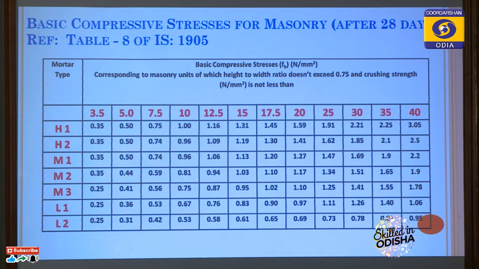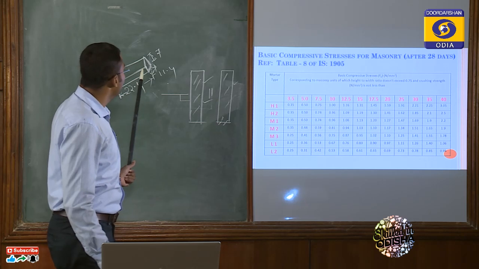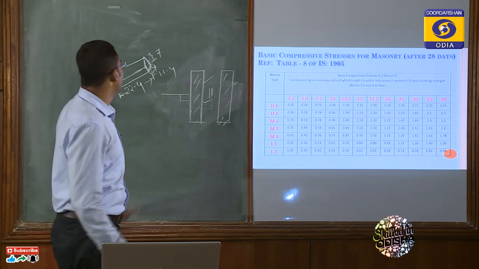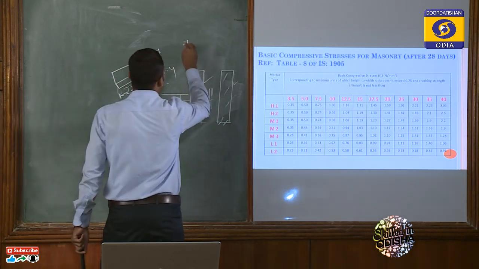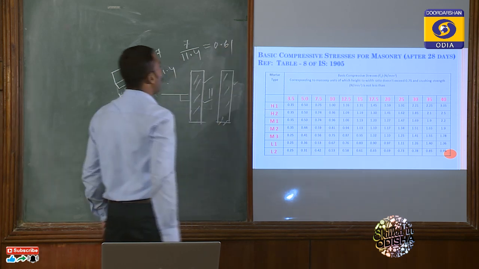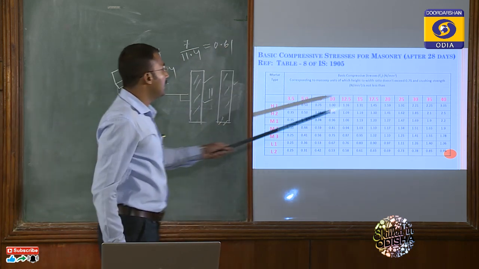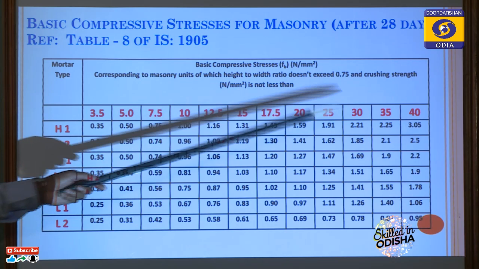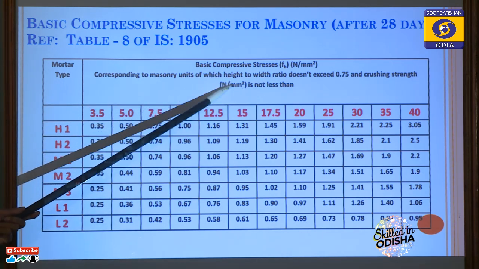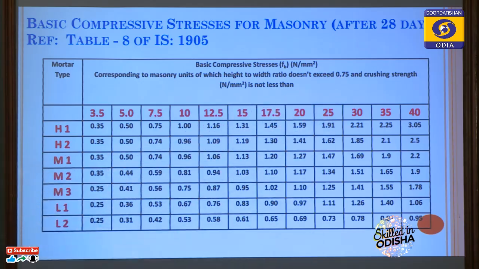So in the previous stages, people used to use these traditional bricks for masonry walls. So height to width ratio will be around 0.61, which is less than this 0.75. So whatever masonry units are used for design of masonry structures here are of this grade. That means height to width ratio will not exceed 0.75.